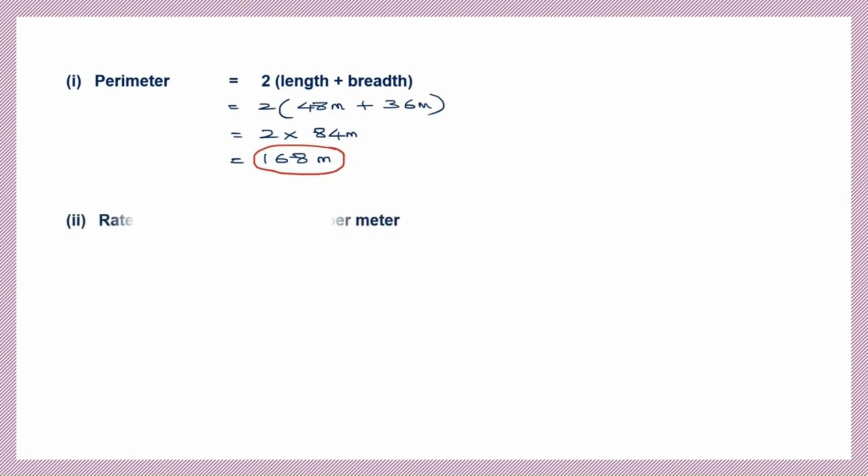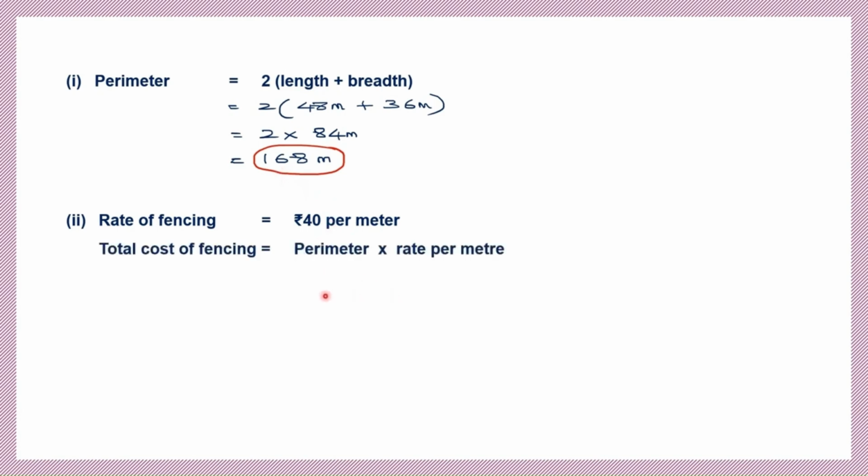Now we have to find the next thing. That is, we are asked to find the rate of fencing this rectangular park at the rate of 40 rupees per meter. Remember, fence is put in the border, that is the perimeter. So for 1 meter, it is 40 rupees. So for 168 meters, it will be 168 into 40. So to find the rate of fencing, it's going to be perimeter into rate per meter. So this will be perimeter into rate per meter will give us the total cost of fencing.